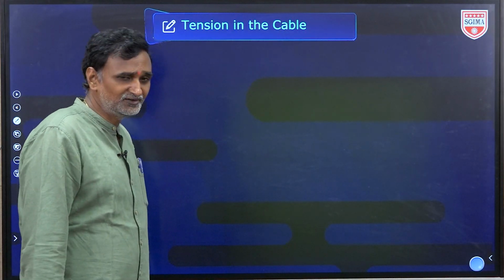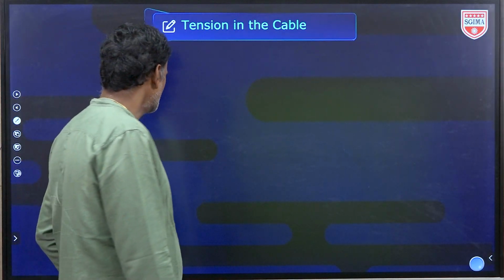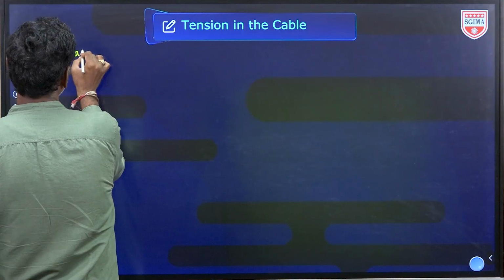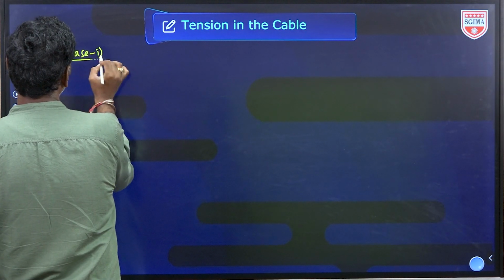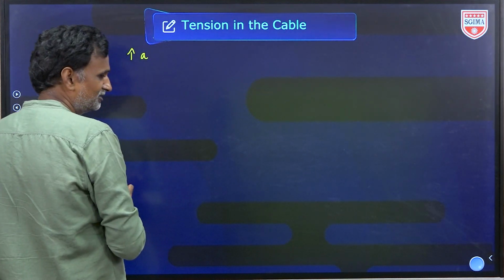Tension in the cable of a lift, or elevator, we can discuss. Here also we can find the same cases. First, case 1: the lift is moving upward with some acceleration a.